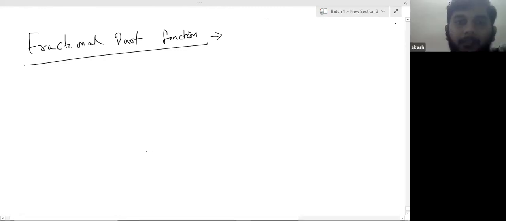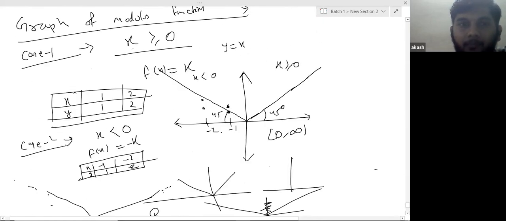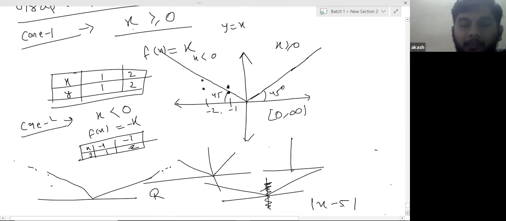Fractional part function. You can write the definition. Oh, I didn't tell you the domain and range, right? Greatest integer function.